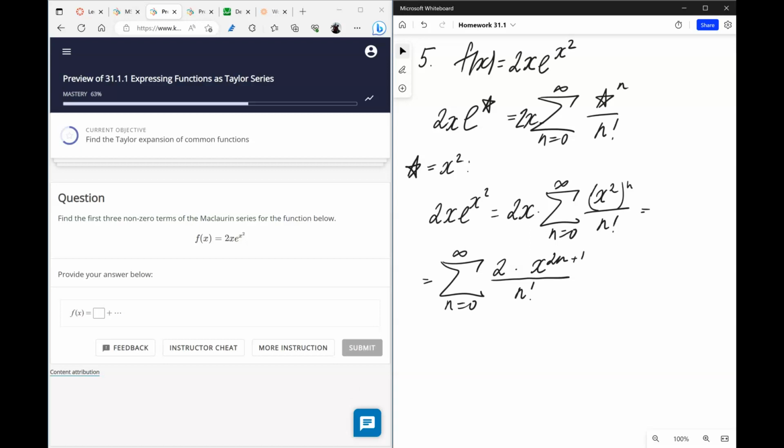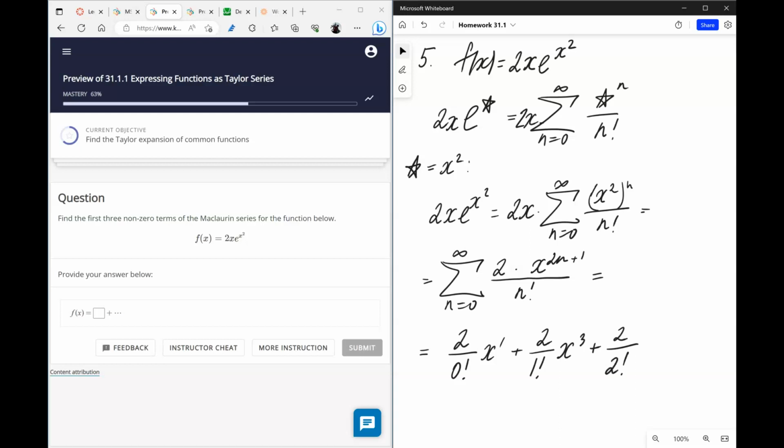This time they ask only for the first 3 non-zero terms, so the first non-zero term will be 2 over 0 factorial x to the power 1. Second one will be 2 over 1 factorial x to the power 3.